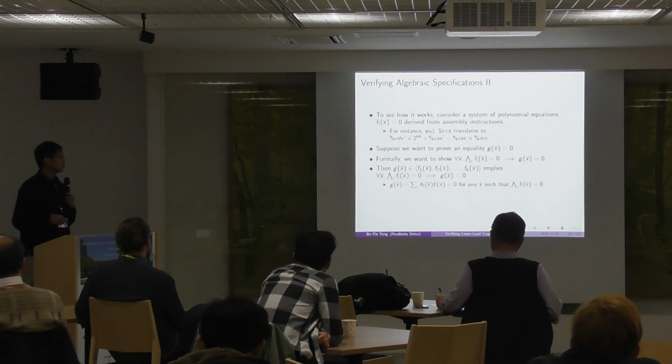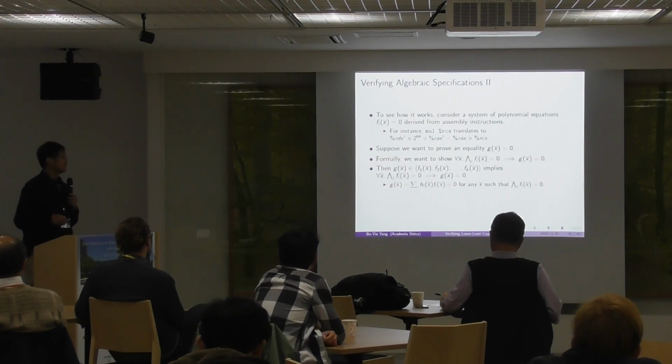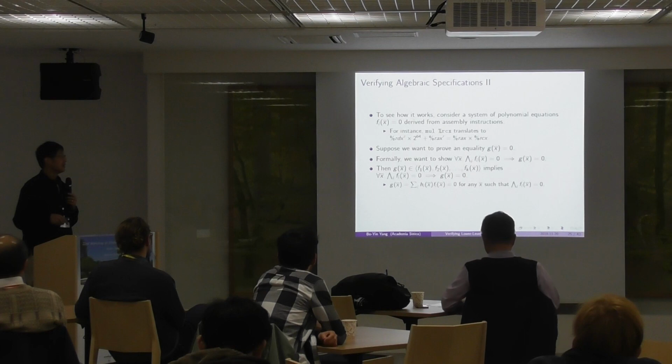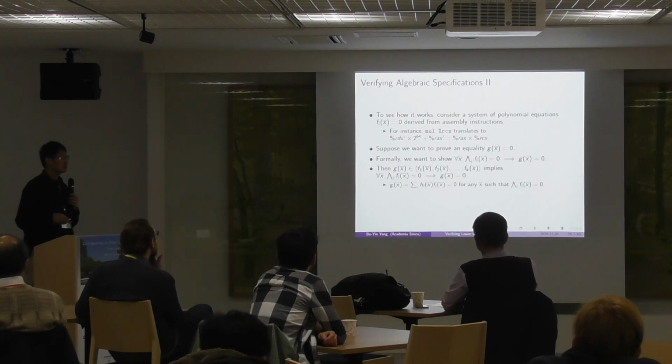And suppose we want to prove an equality. Here Fj are our instructions corresponding to equations, and if this implication holds, then we know that g of x equals 0 is going to happen.